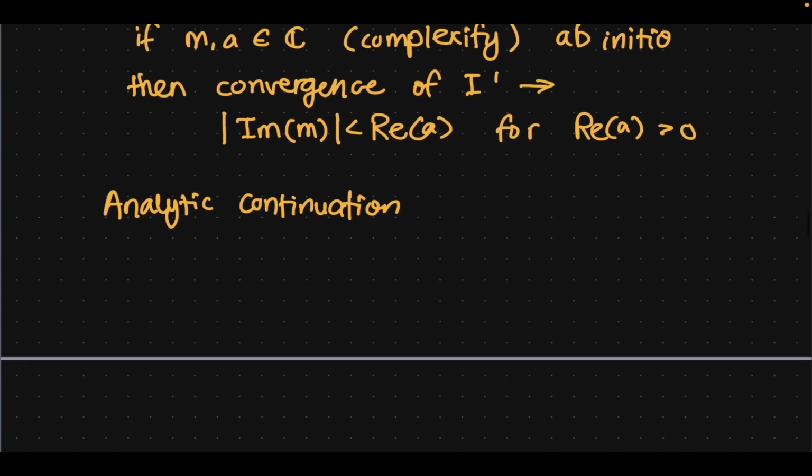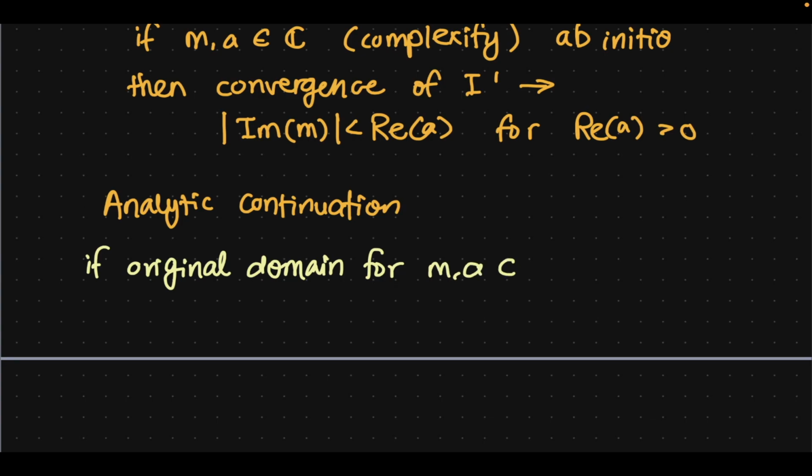What I want to say, I'm going to write it down here: if the original domain for m and a is complex, then this limit procedure is called analytic continuation.